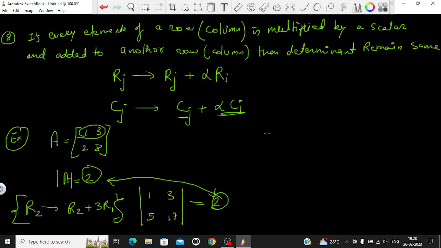See another example. You multiply scalar value 2 to column 1 and add it to the second column.